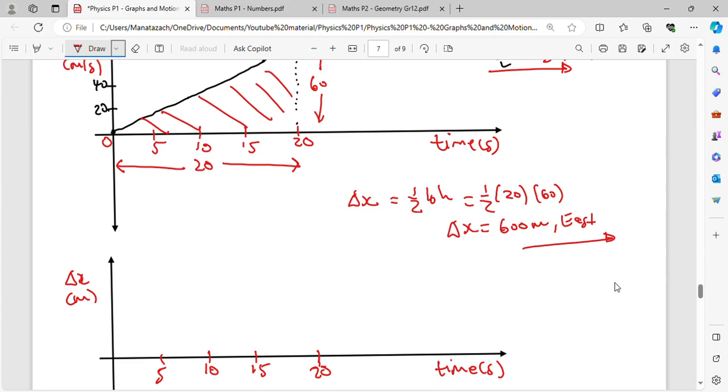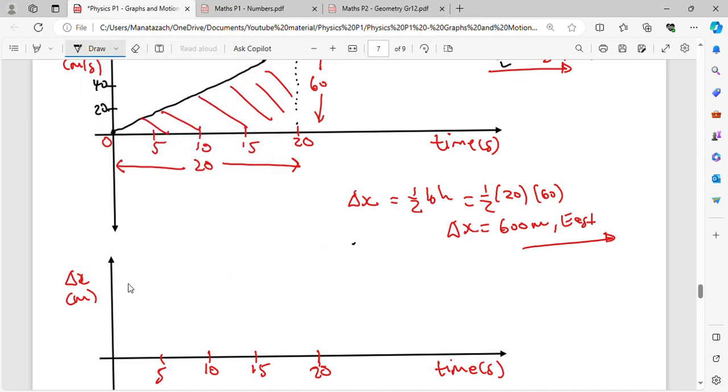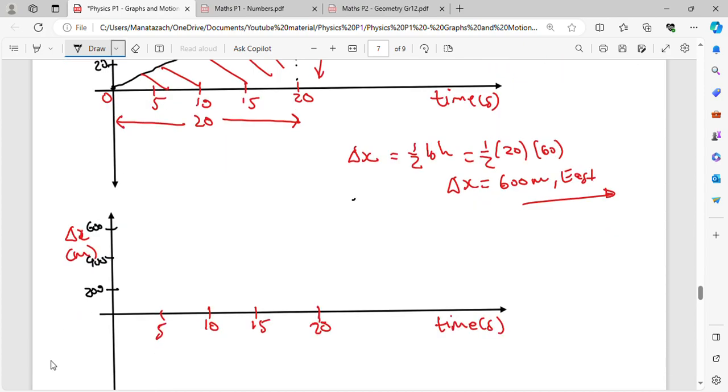Now let's plot the position time graph. Okay, firstly, how are we going to accommodate the 600? So let's write here 200 meters, 400 meters, 600 meters on the position axis. And then the displacement will start at 0, and then it will increase almost exponentially.